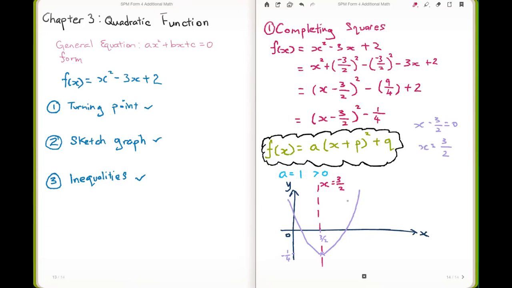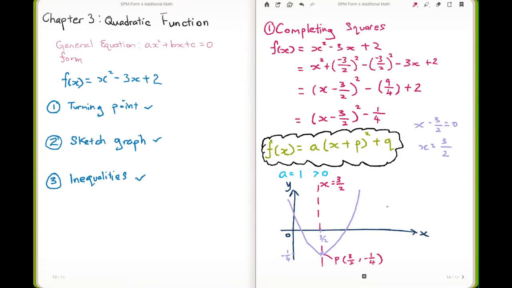This is the first part, using completing the square to get the minimum point, 3 over 2 and negative 1 over 4, which is this point. The point is 3 over 2, with coordinate negative 1 over 4.